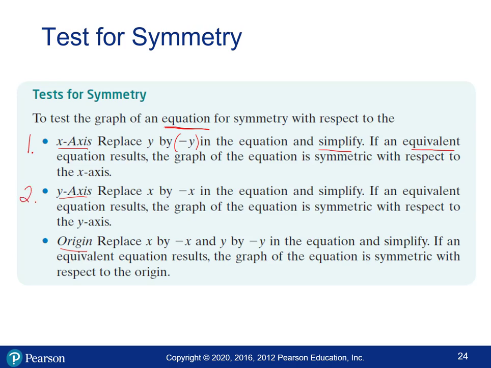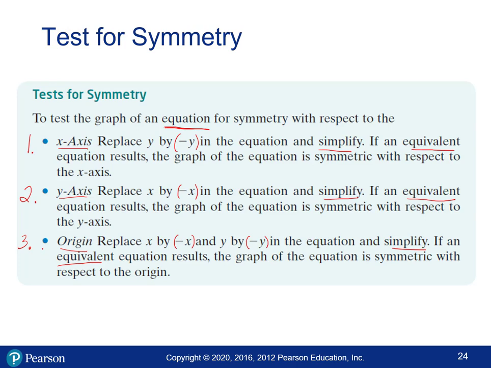Similar process for y-axis symmetry, but you're going to replace a negative x in your equation where there used to be x. After you simplify, if you get the same result, an equivalent equation from what you started with, then there's symmetry about the y-axis. And then the origin, this one's a little different. You have to do both. You have to replace x with negative x and y with negative y, simplify, and then if you get the same result as your original equation, then there's symmetry about the origin.